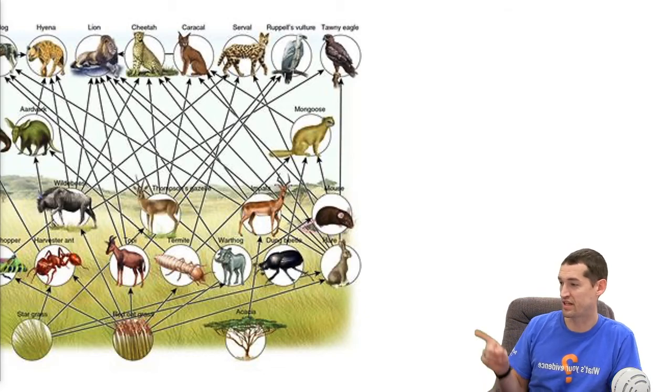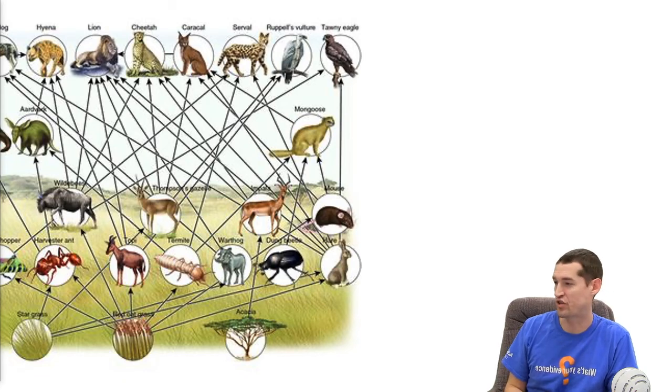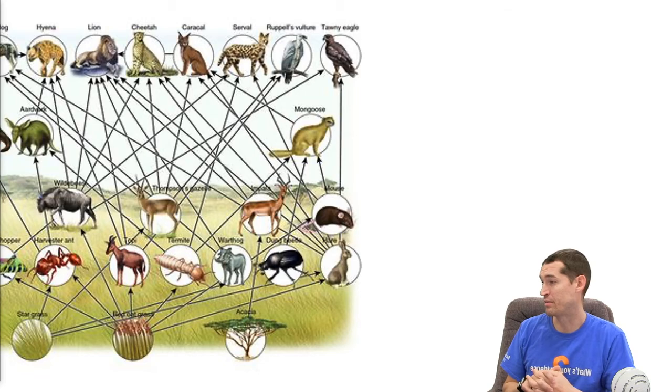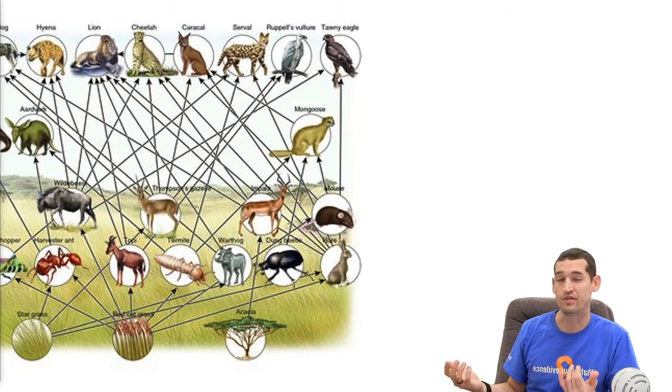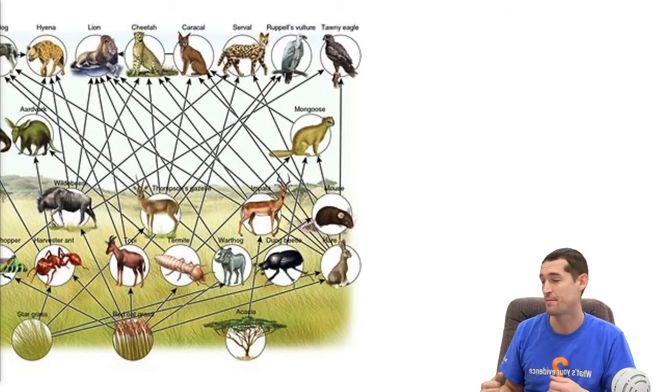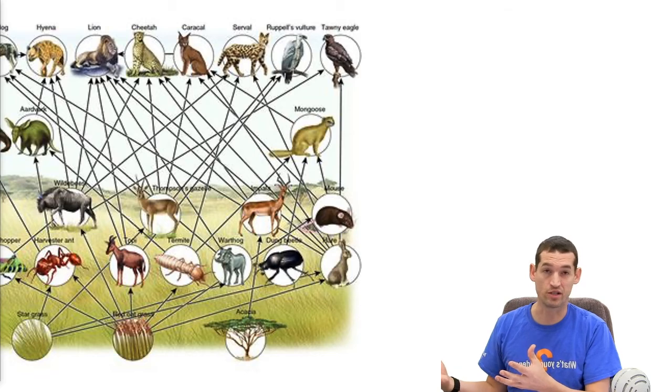You'll notice that the only thing there that would probably be really impacted by that change is the impala. And the things that are going to eat the impala up at the top, like maybe the cheetah or the lion, those things have other options. So if the impala population drops, we still have access to other ways that those organisms can survive.